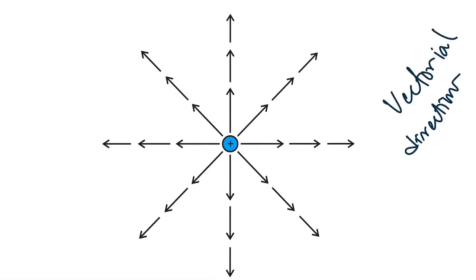Now, what are electric field lines? Since we said that electric field is a vector quantity, the direction of that electric field should also be given by vectorial notation. Let us consider that these lines are giving us the electric fields. As it goes away from the charge, the length of these lines is decreasing, which means that the strength of that electric field is decreasing. But we don't necessarily need to draw this type of lines, because let us check in this position.